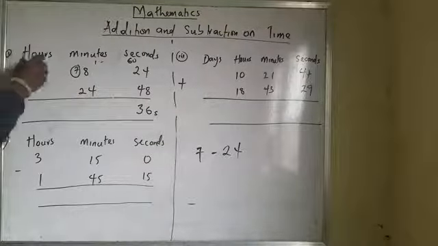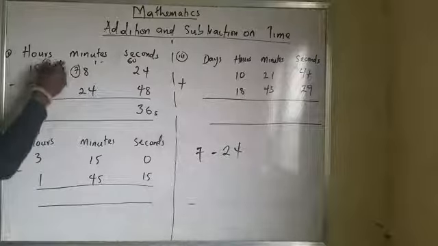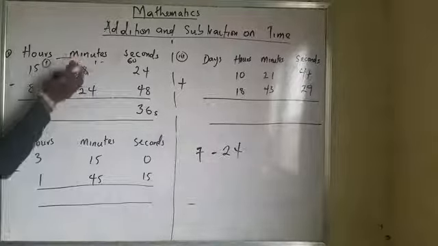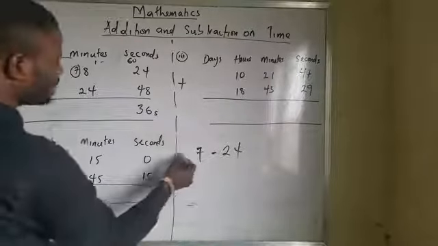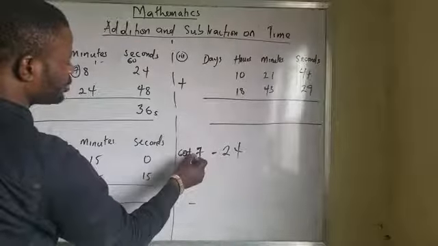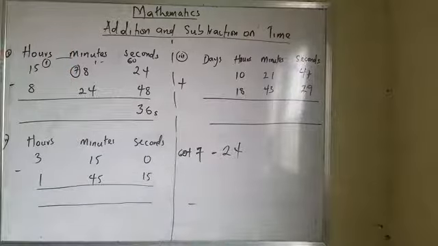Now, I will borrow 1 hour from here, and it will become 60 minutes on this side. Now, I'll be talking about 60 plus 7, which is 67. Now, 67 minus 24 is 43.